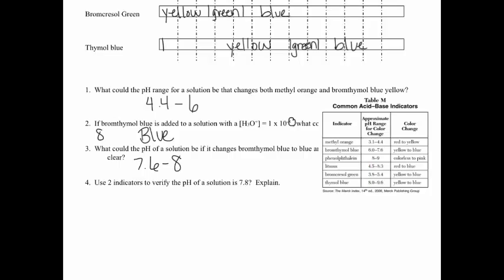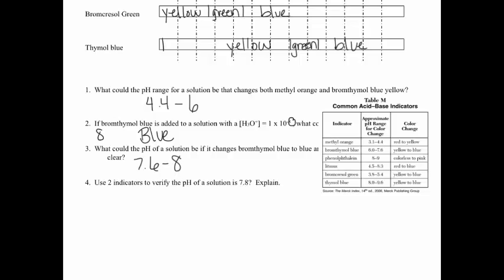Number 4, use 2 indicators to verify the pH of a solution is 7.8. So let's see if it turned bromothymol blue blue. Oh, we would use the same example, or phenolphthalein colorless. Or if you wanted to, you could say litmus would be purple and bromothymol blue would be blue.